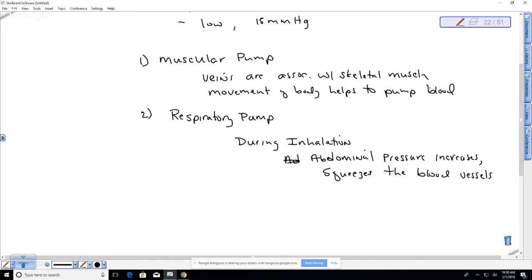And at the same time, in the thoracic region, the chest where the lungs are, the pressure decreases, and so it allows the blood to more easily flow up into the thoracic body cavity because the thoracic body cavity has a decrease in pressure.